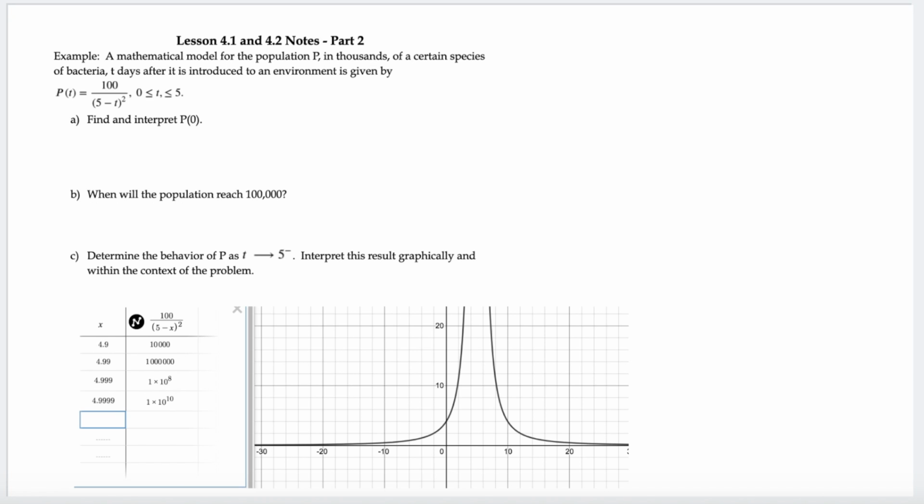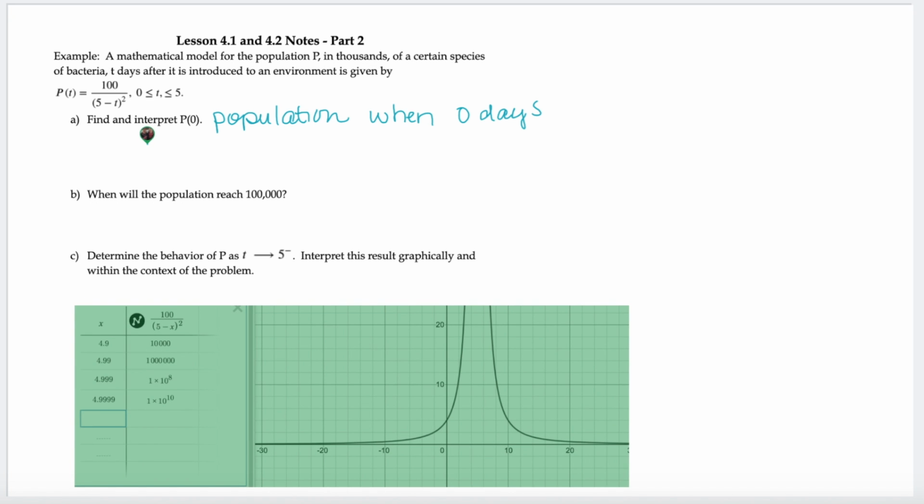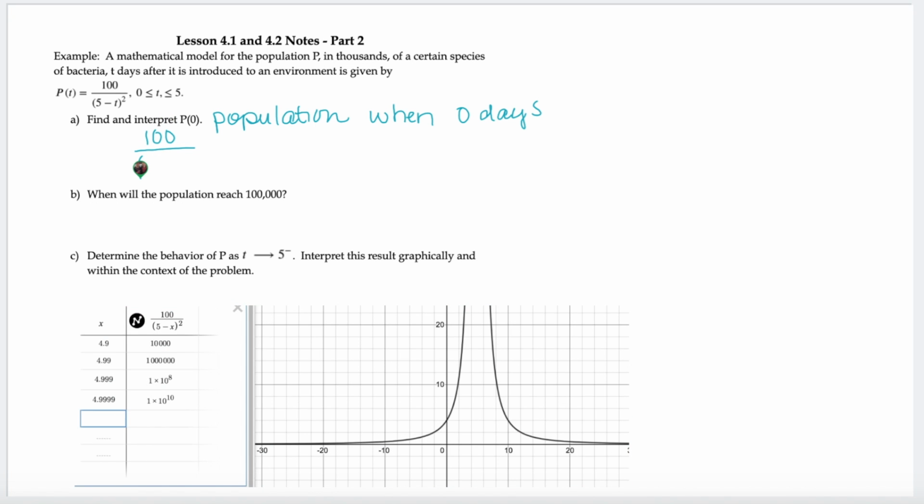Well, P of 0 is representing population when we are at 0 days. We can then evaluate our function at 0. So 100 over 5 minus 0 squared is 100 over 5 squared, which is 100 over 25.